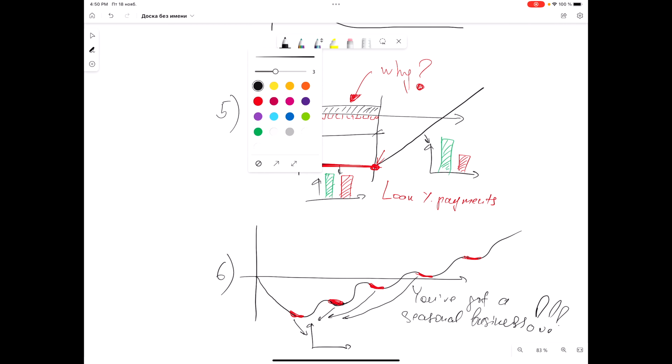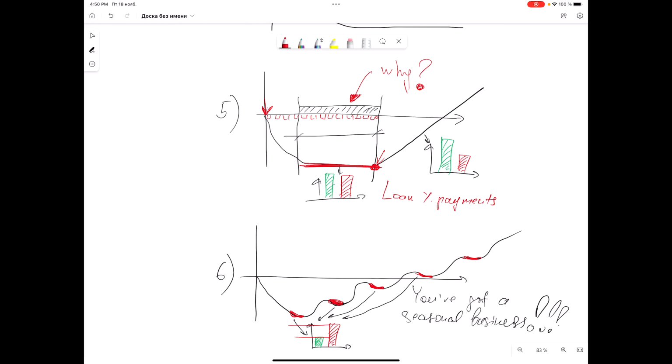during these periods your revenues will be lower than your expenses, and you will get operating losses.